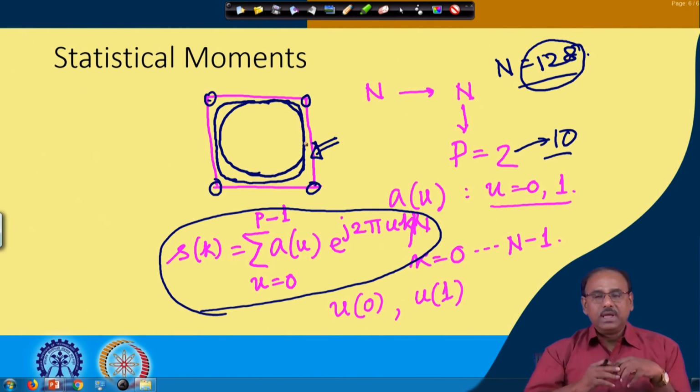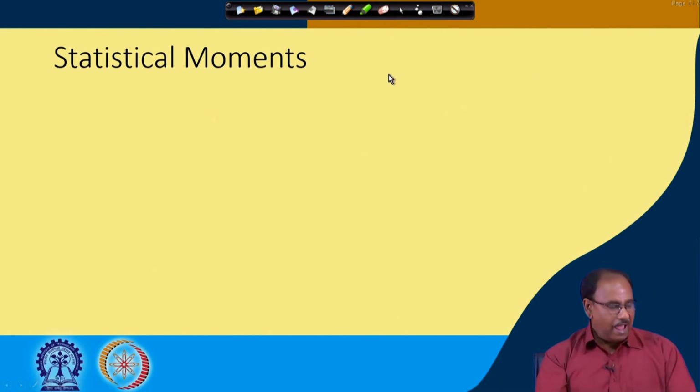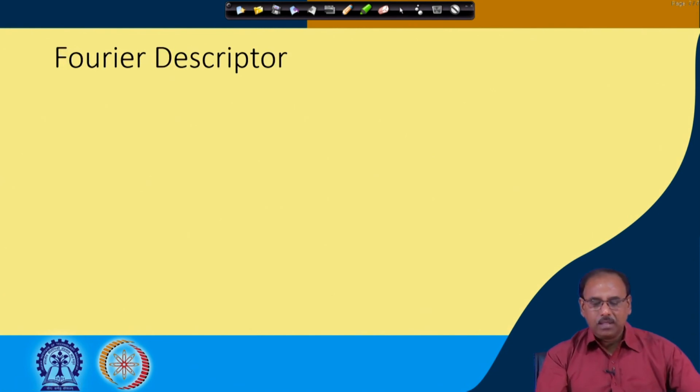So, all these Fourier coefficients can also give you important information about the shape of the boundary. So, over here I have obtained the different types of descriptors that I can get.